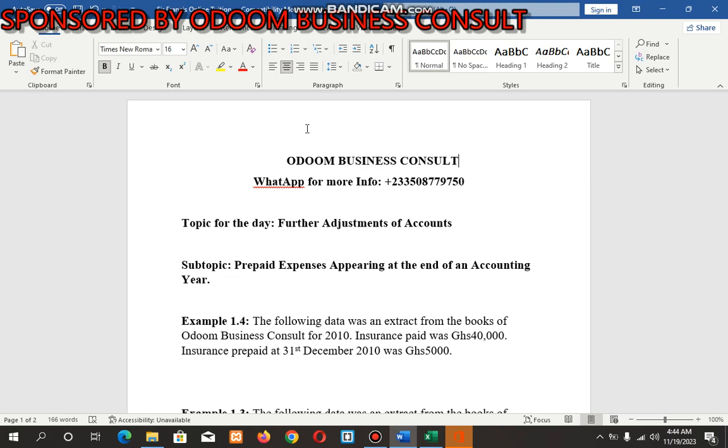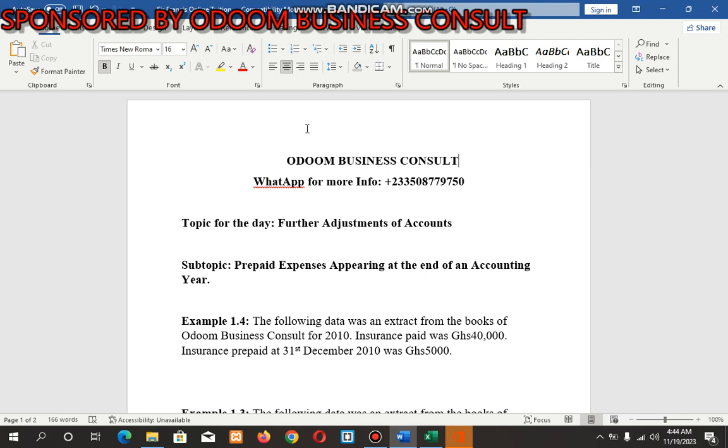So if you are in 2010 and the business has made prepaid expenses as at, let's say, 31st December 2010, costing, let's say, 5,000, it means the payment was made in the current year, which is 2010, but the benefit will be consumed in 2011.